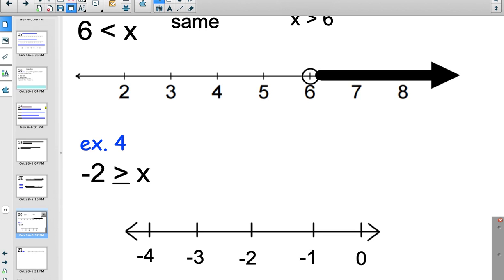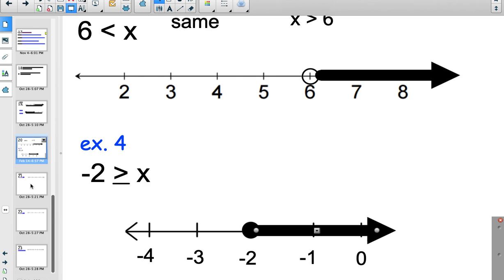We're going to get a closed circle on -2, shaded to the right, it looks like. When you shade, you could use a highlighter, but it just needs to be bolder than the other one.